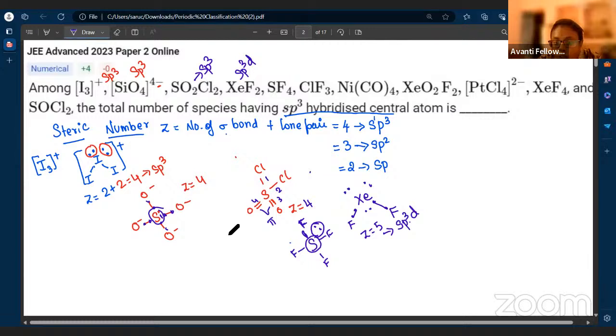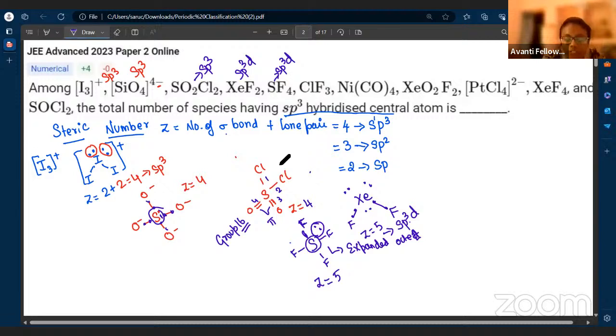Because it belongs to group 16. In group 16, what is the maximum number of valence electrons? 6. So this is the expanded octet. Here the octet is expanded. Now what will be the Z value? 1, 2, 3, 4, 5. So it will also undergo sp3d.